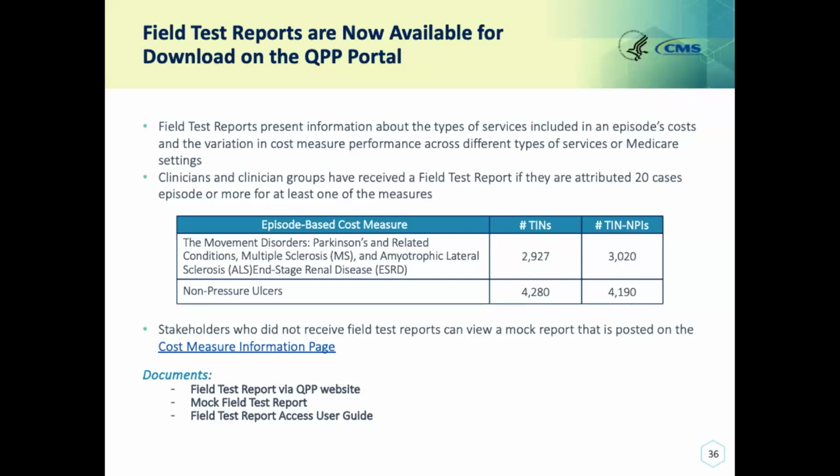There's a separate field test report for each measure that you meet the minimum number of episodes for, so it's possible that you might receive more than one report. If you need guidance on how to access the field test report, there is a user access guide available on the cost measures information page. There's also a mock report available for stakeholders who didn't receive a field test report that we'll be able to walk through in a little bit.